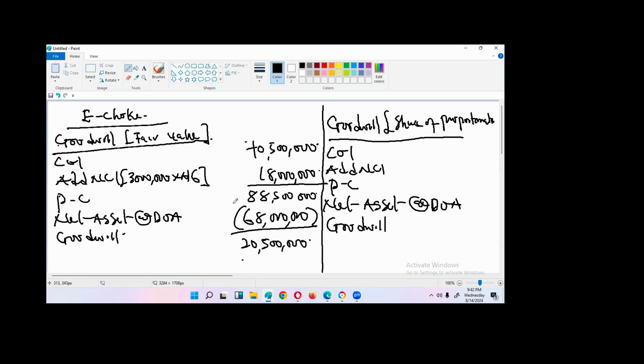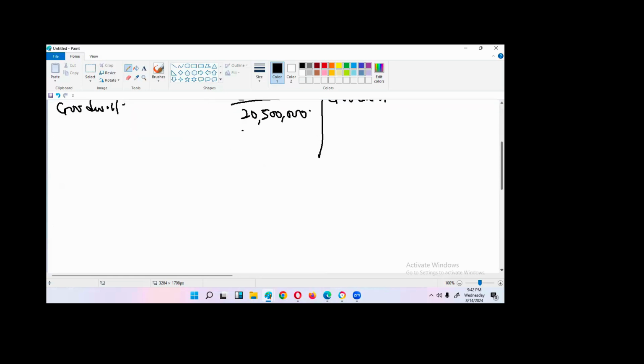So for the impairment, impairment will not be 10%.